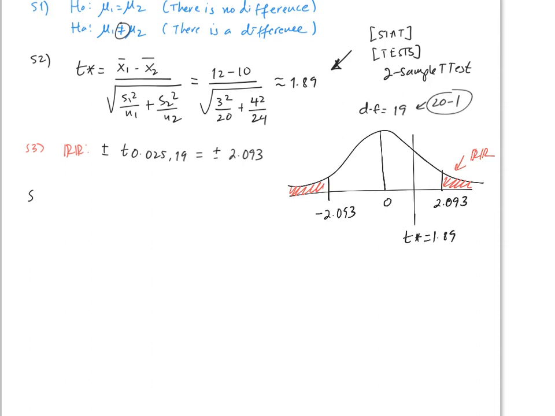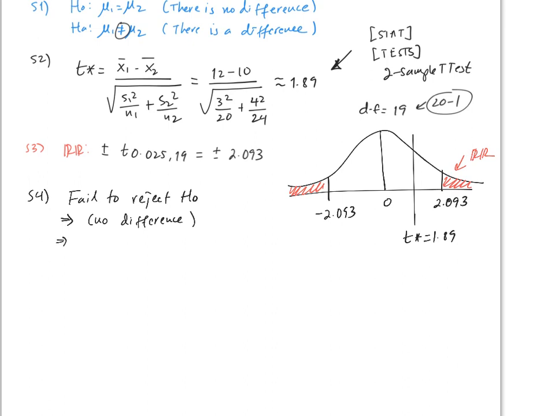So the conclusion, therefore, is fail to reject H0, which means there is no difference between Apple and Google, or between the iPhone and the Google phone.